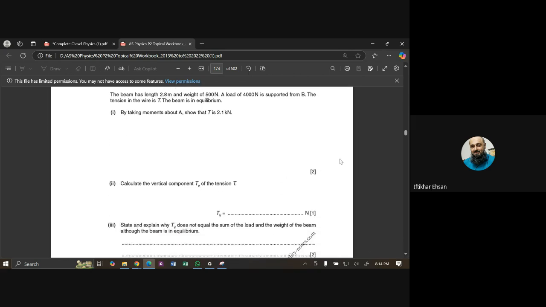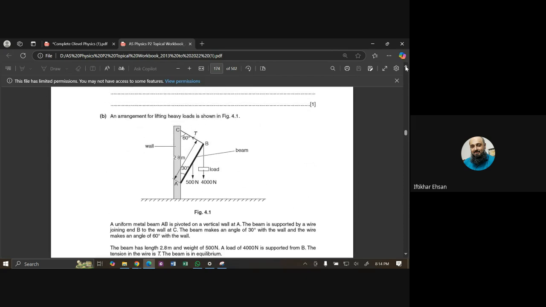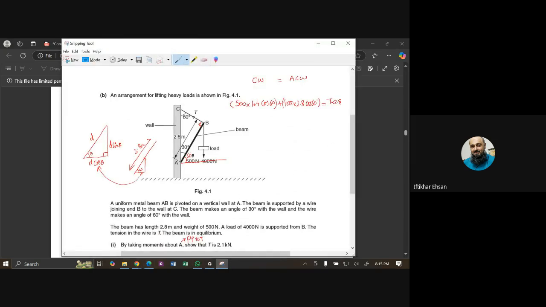The vertical component TB of the tension, where TB comes from T, the vertical component. So let us move to the diagram. It will have a component like that and the other. So if this is 60, this is 60 as well.